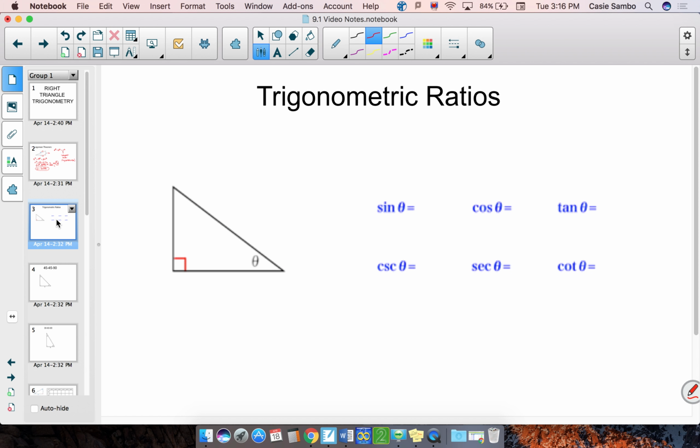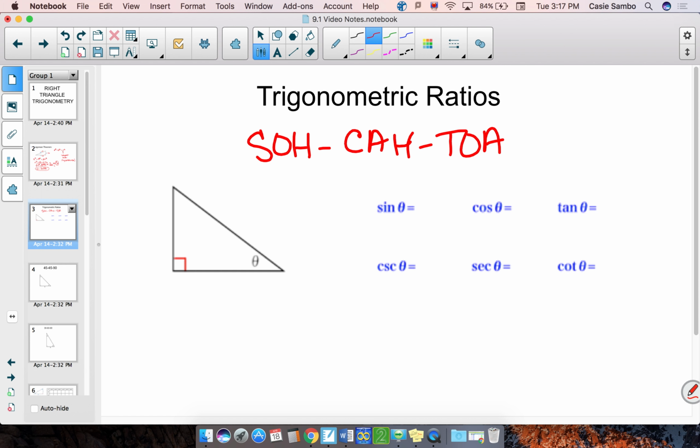On the next page, we are talking about trigonometric ratios. So the biggest thing that you need to know for this is SOHCAHTOA. So the O's stand for opposite, the H's stand for hypotenuse, and the A's stand for adjacent.